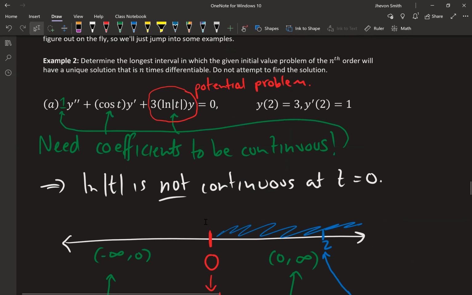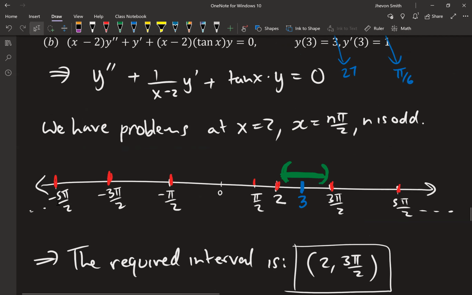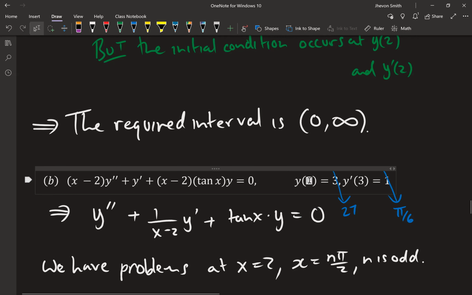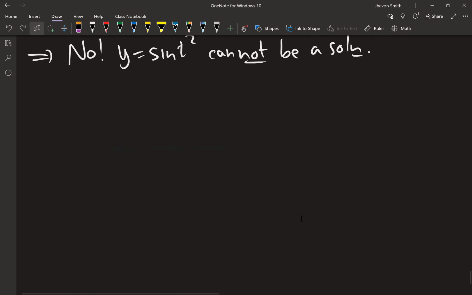And then we looked at where solutions can exist. This comes down to finding when we put an ODE in standard form, where would all the coefficients be continuous? Choose the interval for which the coefficients are continuous, and at the same time, the inputs for the initial conditions live in those intervals.